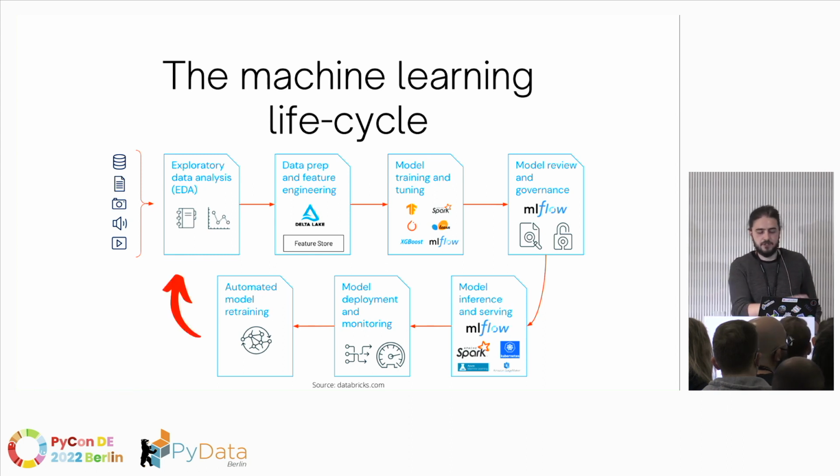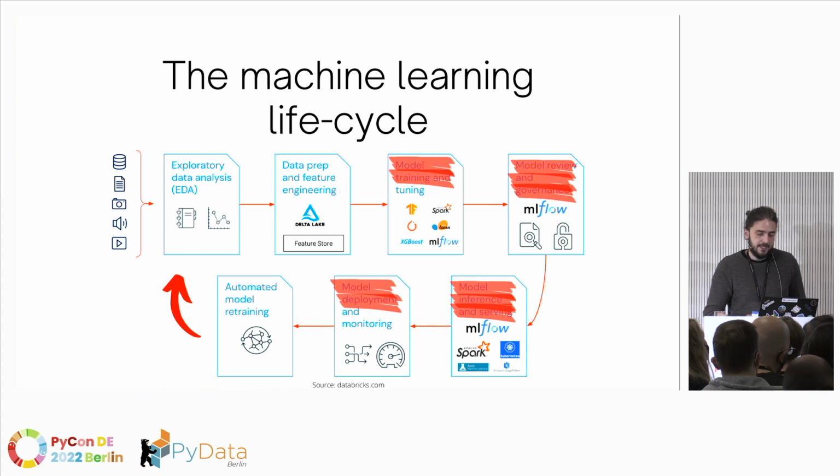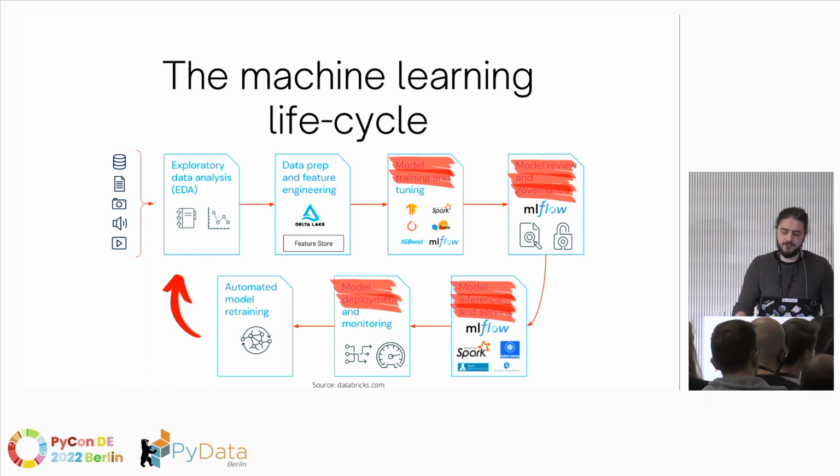As I said, usually you go back somewhere in the process and start from different points. What we see today, basically, is model training. We try to collect information to have the model review and governance in place, and we can work there. And we see how to package the stuff and run inference on the models, and then how to deploy from a centralized infrastructure.